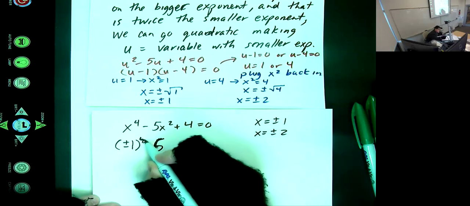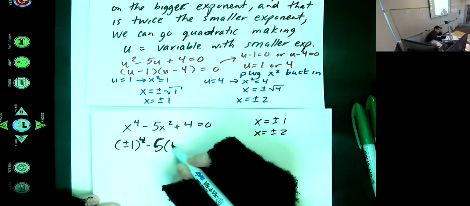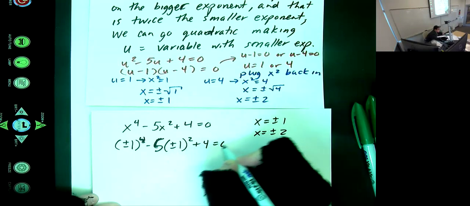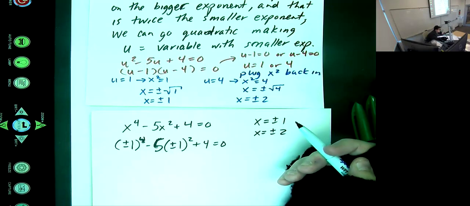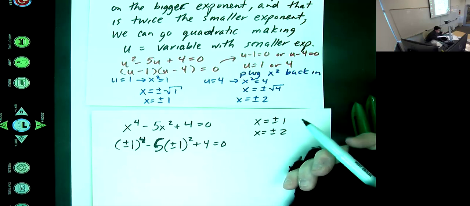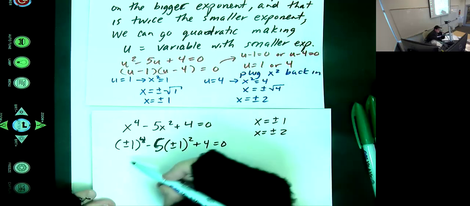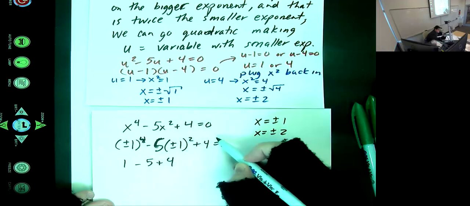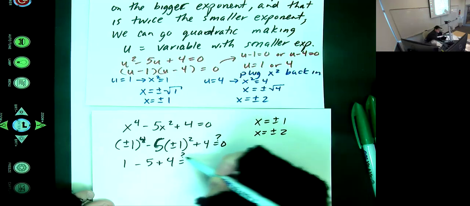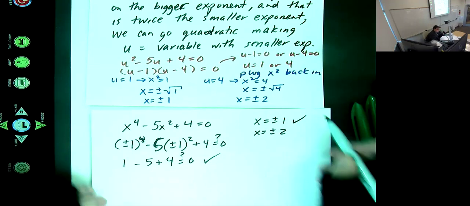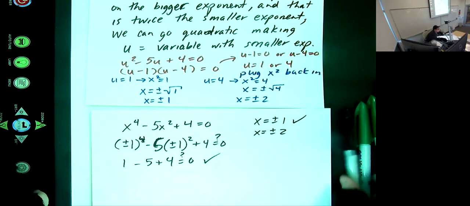The squaring is gonna get rid of those signs, right? So I can do 2 at once, that's convenient. This isn't always possible. This becomes 1 minus 5 plus 4. Does that equal 0? Yes, it does. So x equals positive 1 or negative 1, both work.